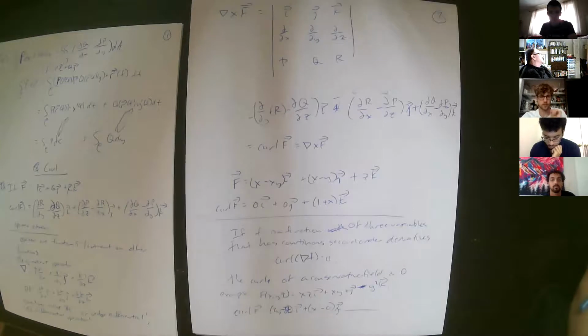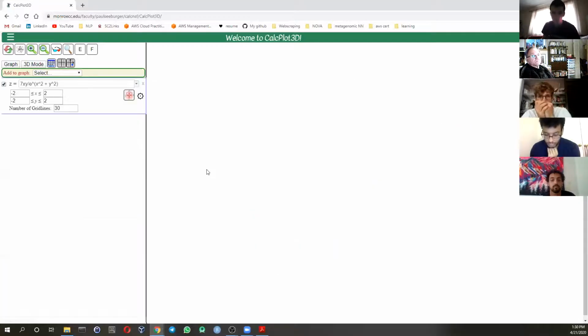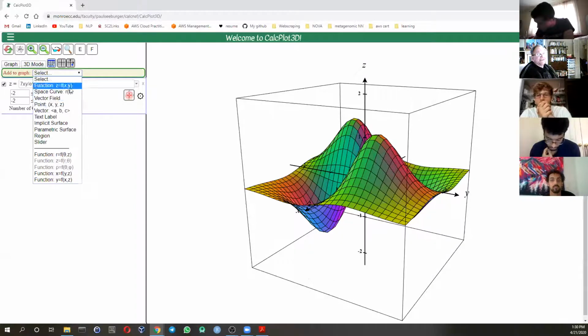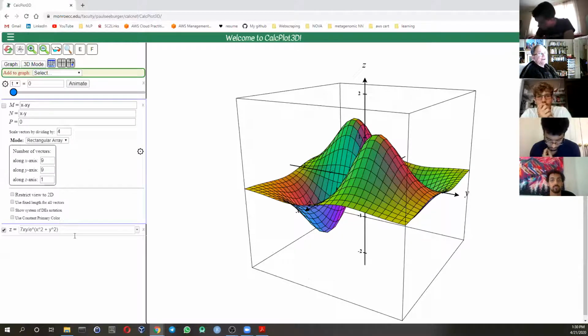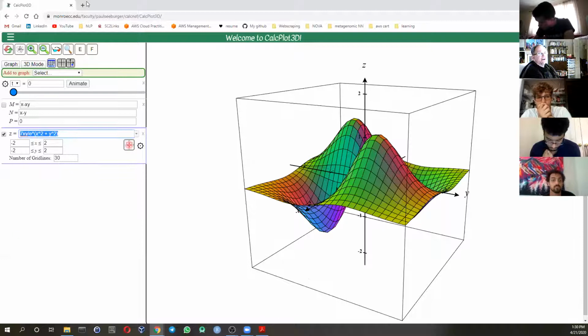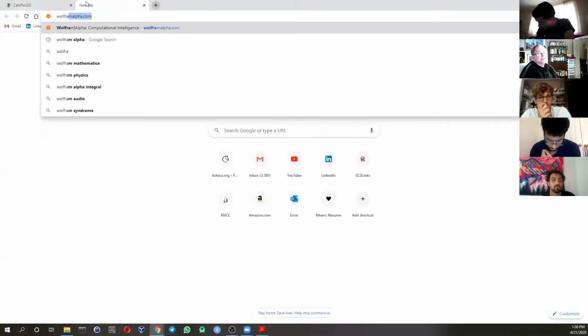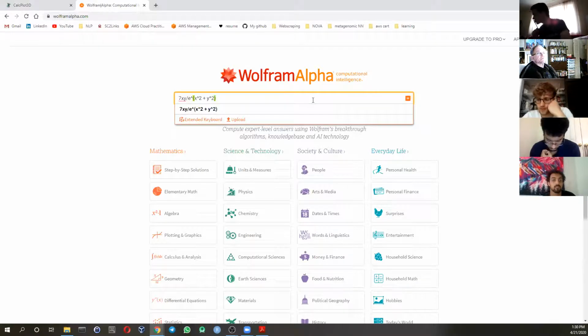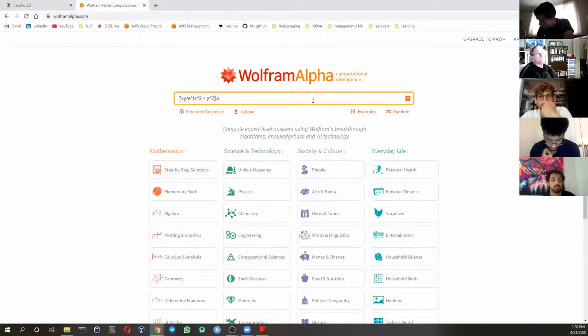Let's look at a picture here. This is our favorite function because it's the default function. Let's draw its vector field. Let's take some derivatives of it. Take the derivative.